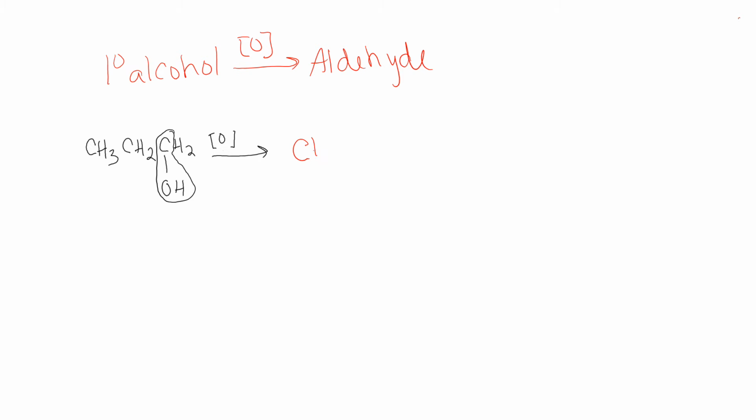So nothing changes to the carbons on the end. But now I have a carbonyl at the end of my carbon chain, which is an aldehyde. So I go from a primary alcohol to an aldehyde, and a side product that I have is water. Primary alcohols go through a second reaction, a second oxidation to a carboxylic acid.